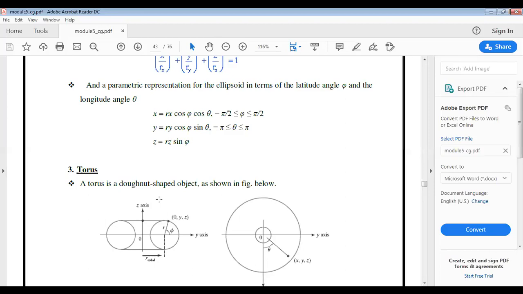How will it be? On the center, this is a donut. This is the center, where you will be having a hole. And from this center to this circumference, it will be covered with rubber when you consider a tube.